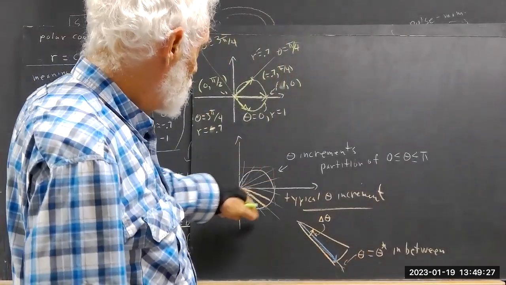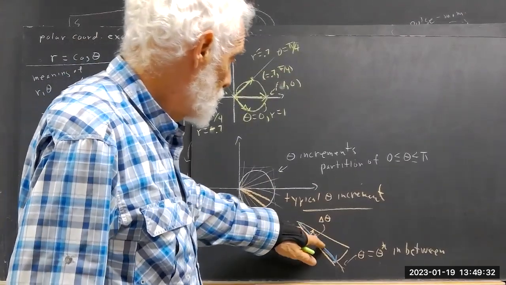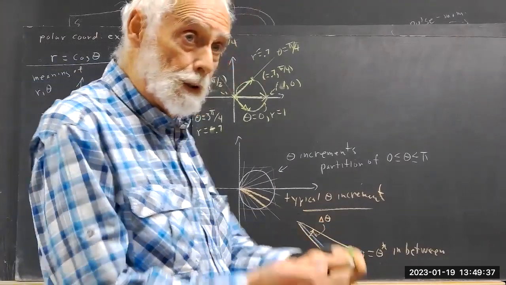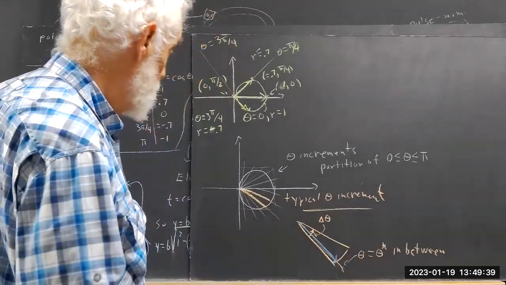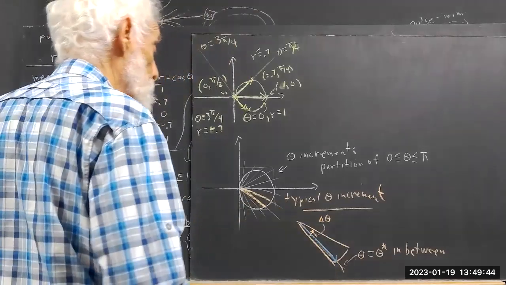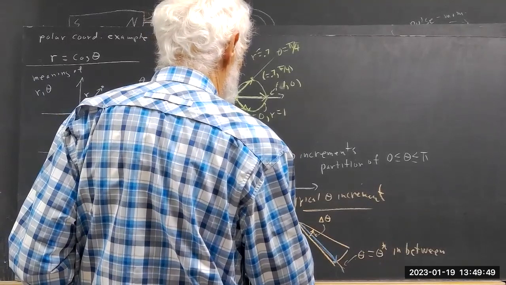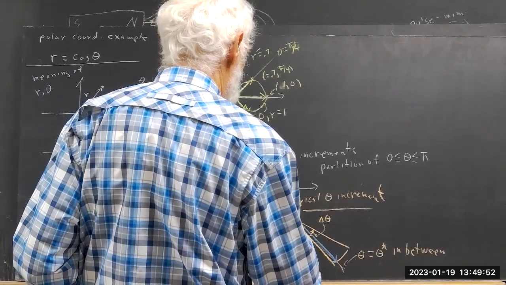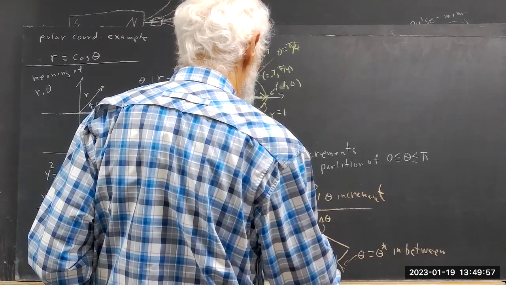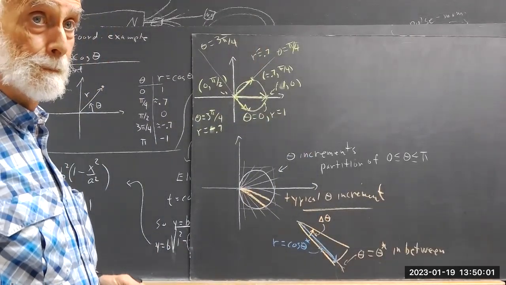That gives us a bunch of thetas from 0 to pi. Then this corresponds to one interval of the partition. There's a delta theta, whatever the difference between your partition numbers are, and you have r equals cosine of theta star.